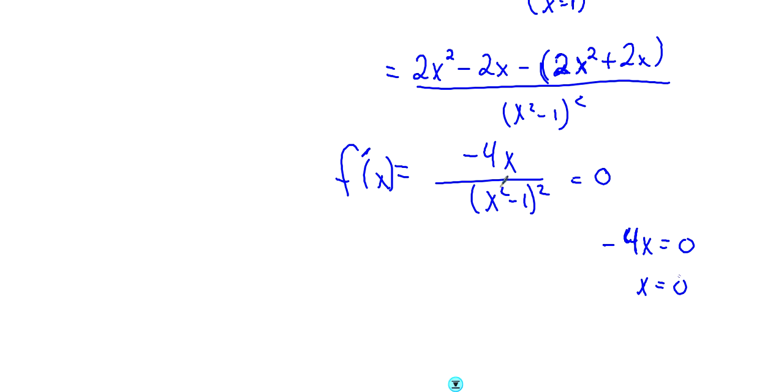And in a rational function, it's where the denominator is 0. That's where our function is undefined. So I also have to set x squared minus 1 equal to 0, which means x squared equals 1, x equals plus or minus 1. So I have 3 critical points.